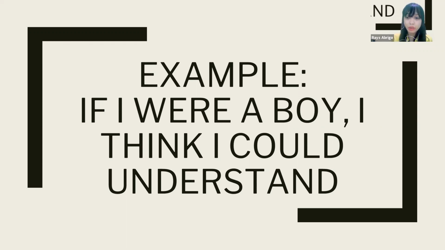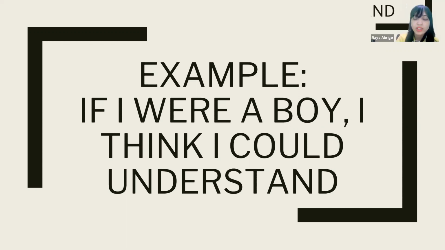Also, take note that the word "if" always introduces the subordinate clause. The words after the "if" are always part of the dependent or subordinate clause, and it is the one that states the condition.